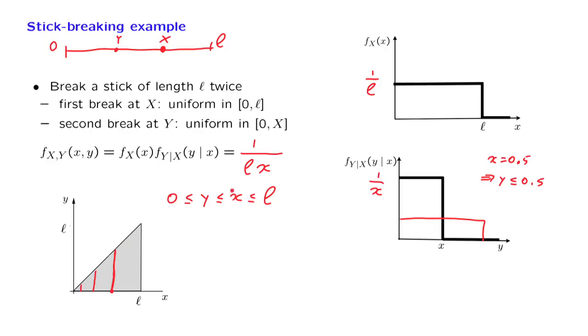And actually, this constant is bigger and bigger and goes to infinity as we approach 0. Of course, the fact that the slice is constant is just a reflection of the fact that the conditional PDF is constant over the range of values that the random variable can take.